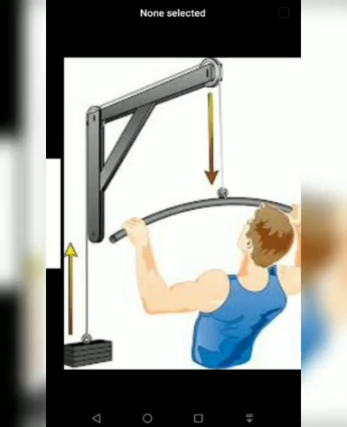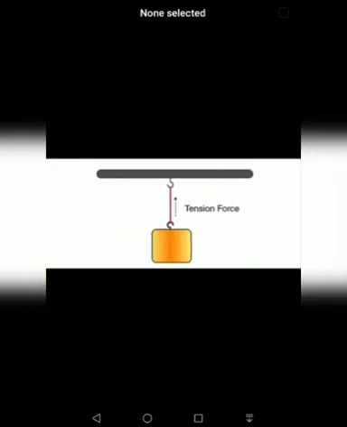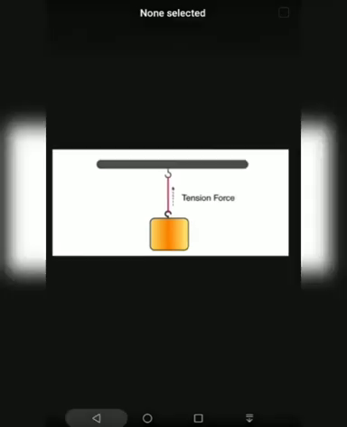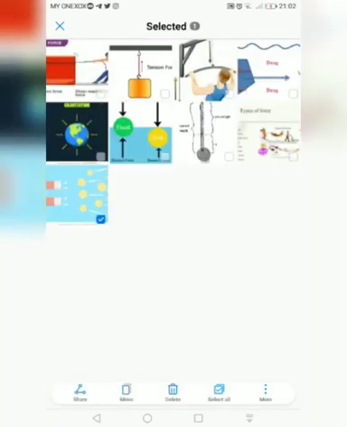The sixth force is tension force. Tension force means the pull exerted by a string or rope when attached to an object. The seventh force is magnetic force.